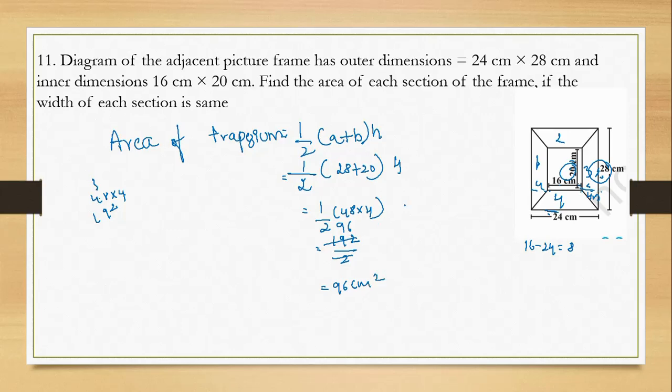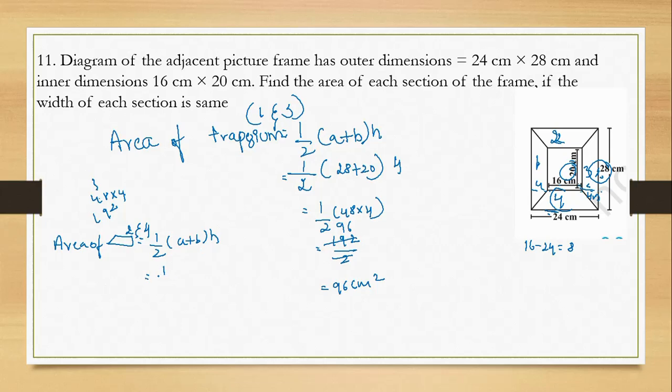This is the area of trapezium 1 and 3. So next we consider trapeziums 2 and 4. Area of trapezium 2 and 4 is half into a plus b into h.